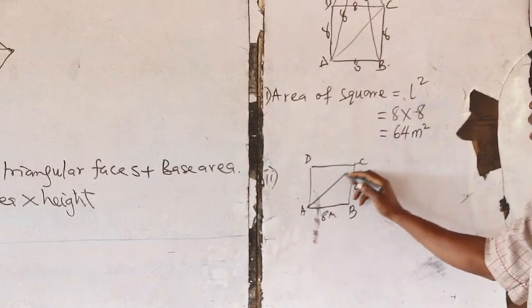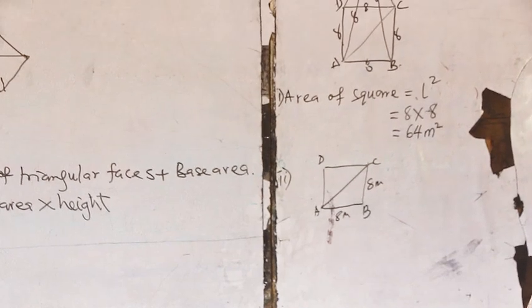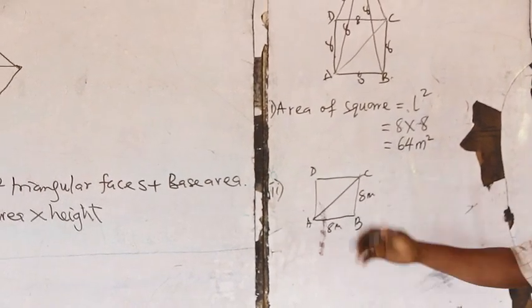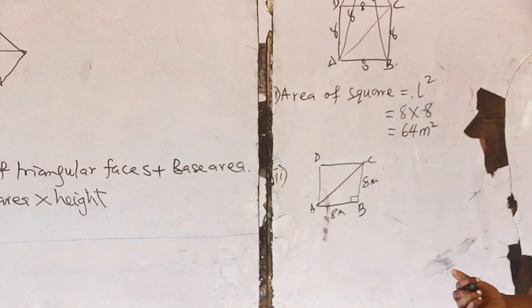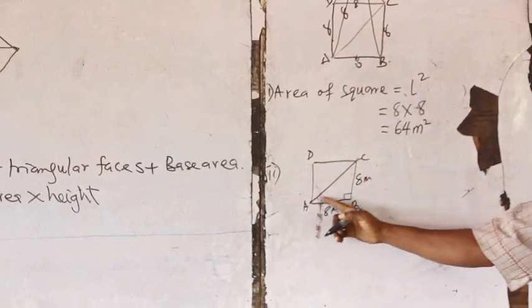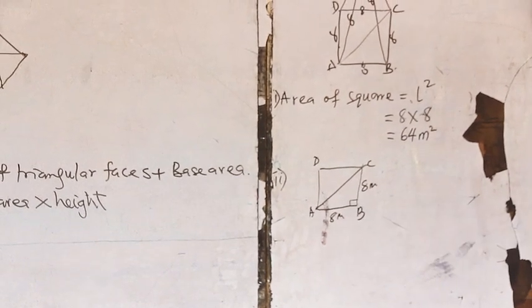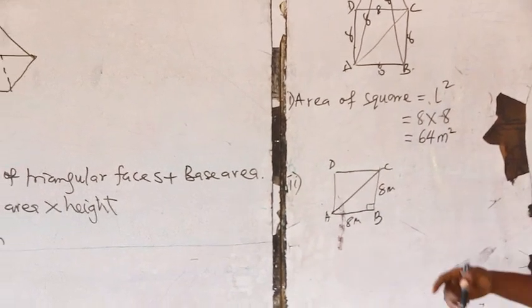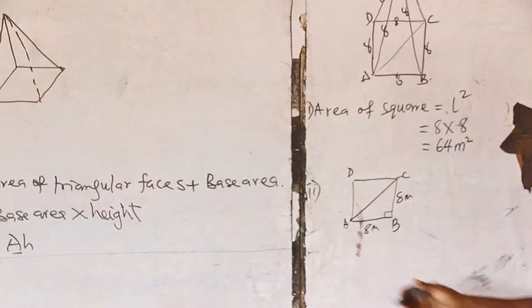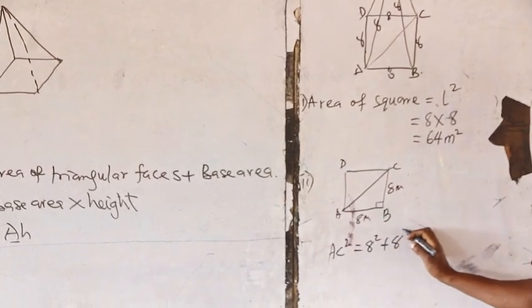So you draw a diagonal here and we are going to use Pythagoras rule, because this is a right angle. AC happens to be the longest side. Pythagoras rule states that the square on the longest side equals the sum of the squares on the remaining two sides. So AC squared is equal to 8 squared plus 8 squared.